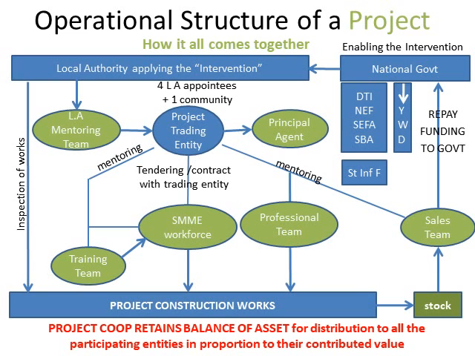That project trading entity will now be responsible for the administration and success of the entire project. It will appoint a principal agent and a professional team. It will also then contract with all of the local SMMEs to create the workforce for the construction works. It will create an internal mentoring team that oversees all of the human resource activities that go on within the project.